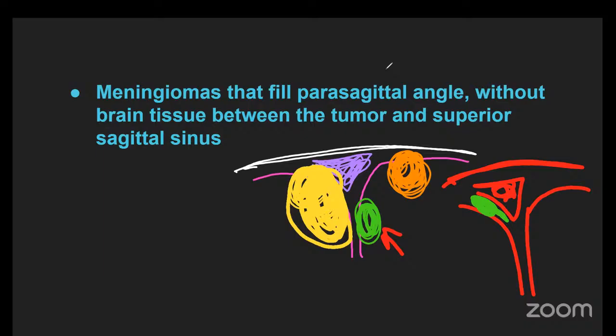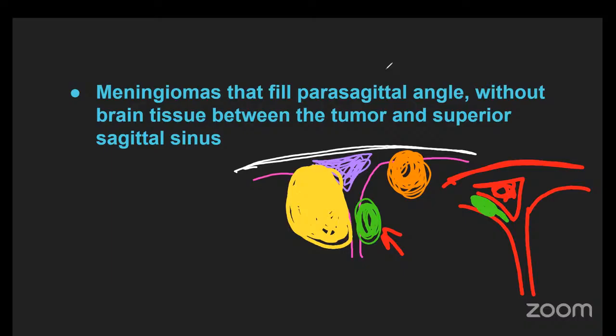Yes. Then we will still have to look at its involvement of the superior sagittal sinus. Any meningioma that is involving the superior sagittal sinus should ideally be qualified as a parasagittal meningioma. It can have a falcine component that we will address during the surgery, and yes, the technique would be slightly different from a simple parasagittal meningioma.